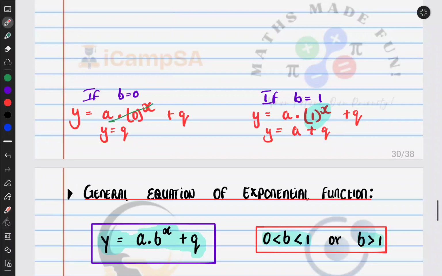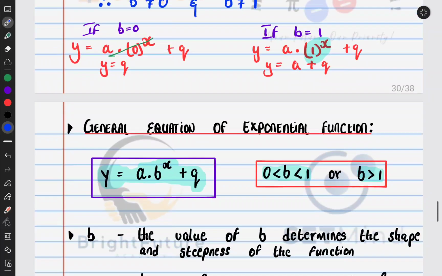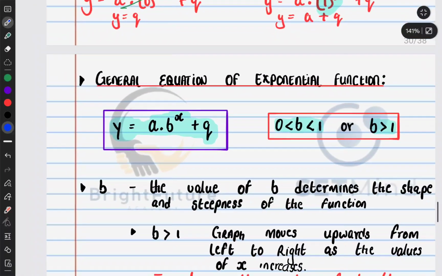From this you can see that b cannot be equal to 0, and b cannot be equal to 1, in order for us to have exponential functions.